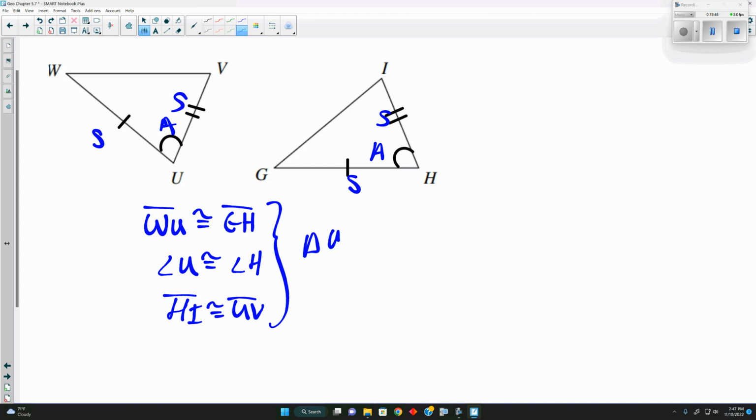triangle WUV is congruent to triangle GHI by SAS.